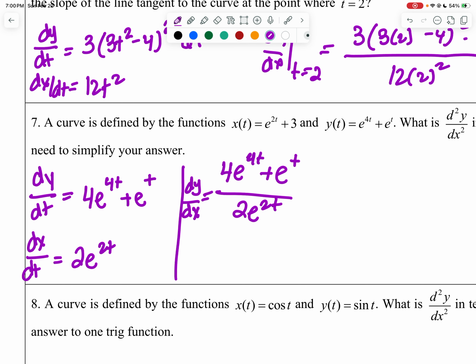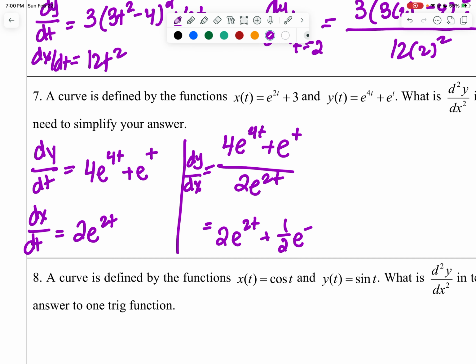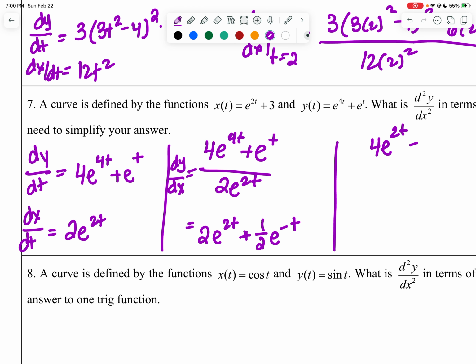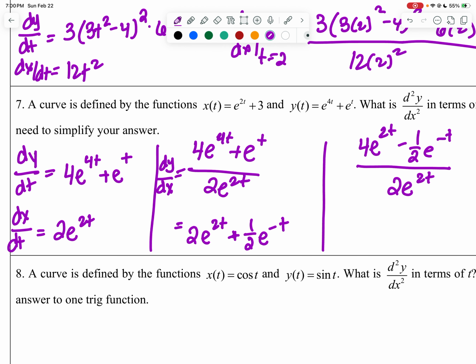Now, you should probably simplify this a little bit using your properties. So this is going to be 2e to the 2t plus 1/2 e to the negative t, just so that it's a little bit easier for us to work with. Because then we could take the derivative of this. That's going to be 4e to the 2t minus 1/2 e to the negative t. So that's the derivative of the first derivative, over dx/dt, which is going to be 2e to the 2t. So this right here is my second derivative. And that's it.